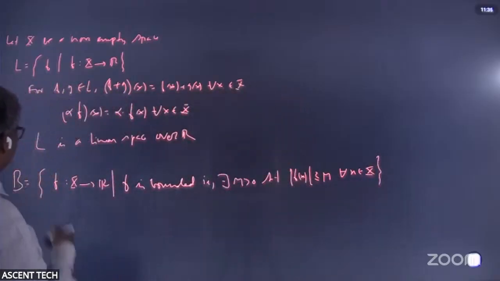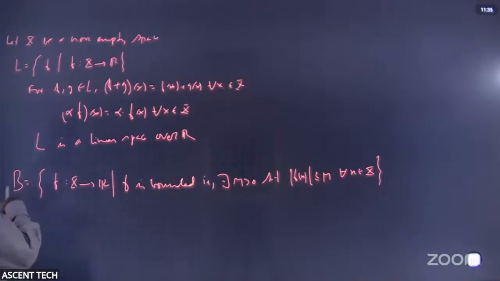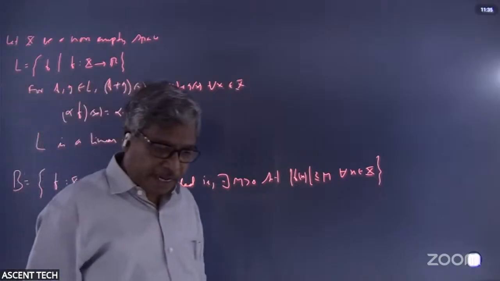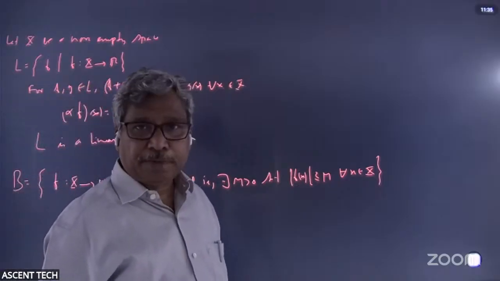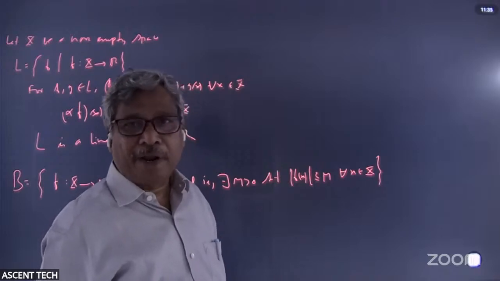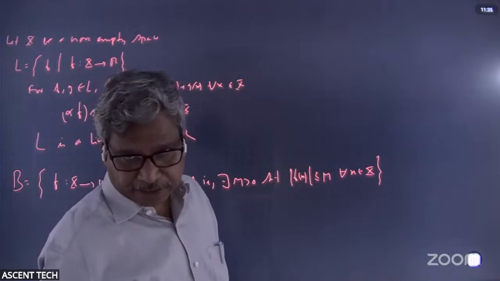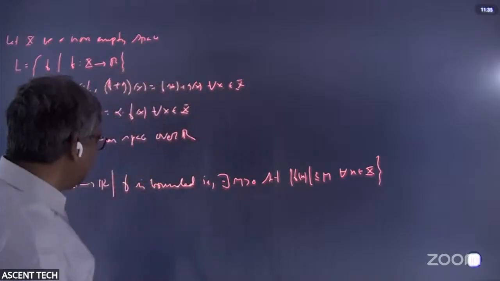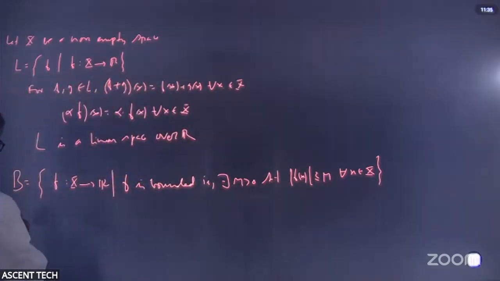You can make this B not only a linear space, you can also introduce a norm on it, a normed linear space. So what is a normed linear space?